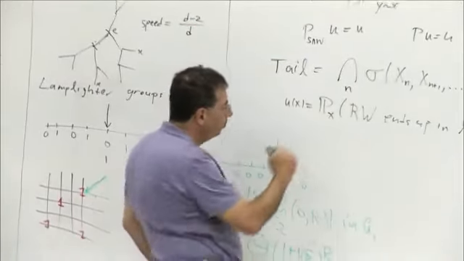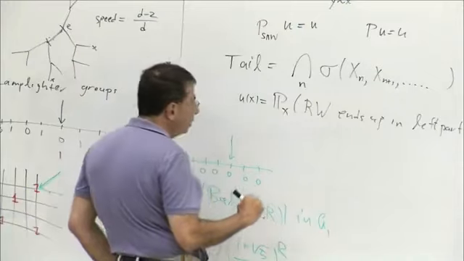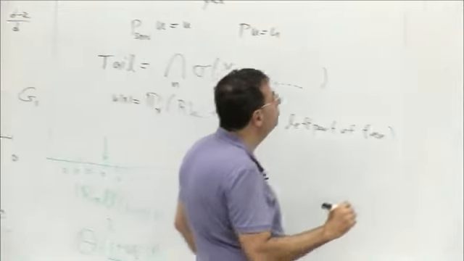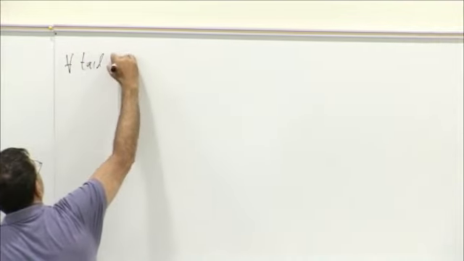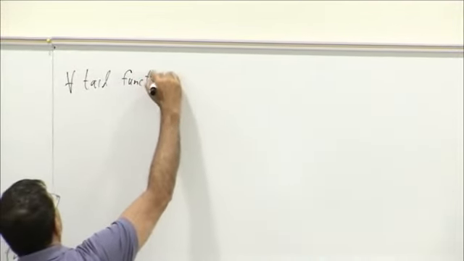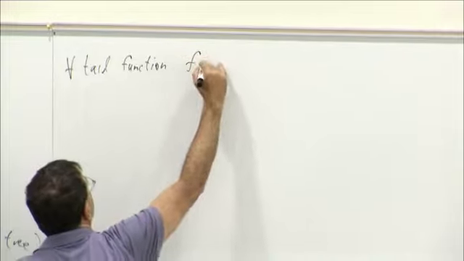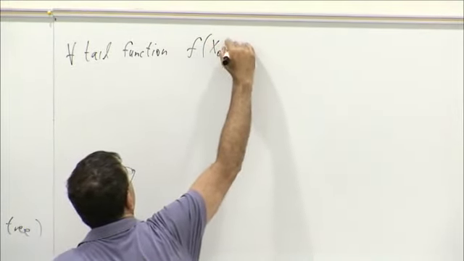And this is part of a general connection. So for any tail function, so a tail function is a function of the path.